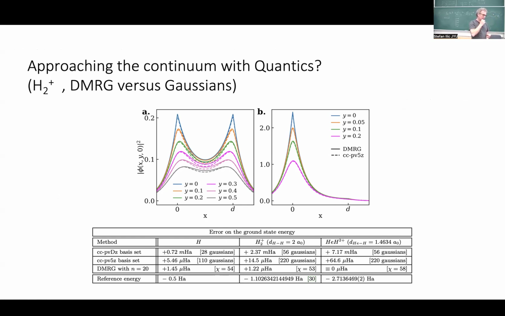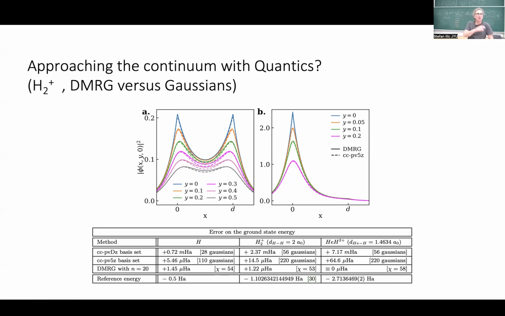Also, the thing about Gaussians is that they have essentially been made by hand. I will discuss the Gaussian basis set a bit later, but you essentially make a basis set which is bad.